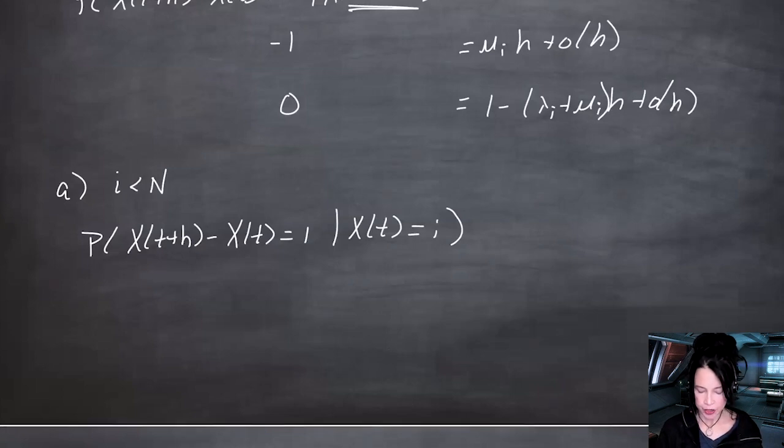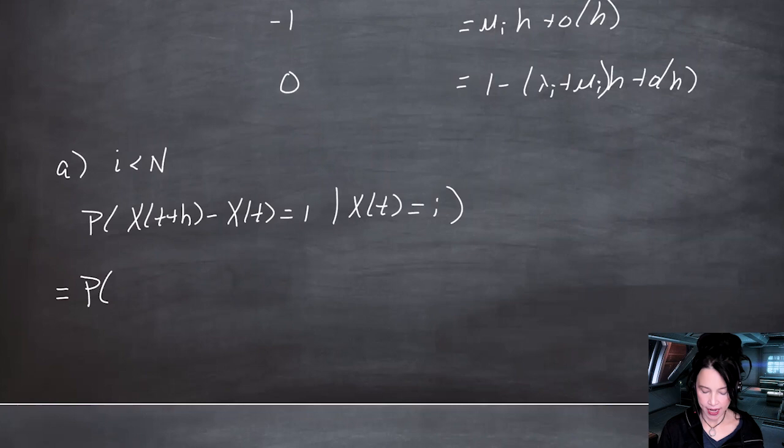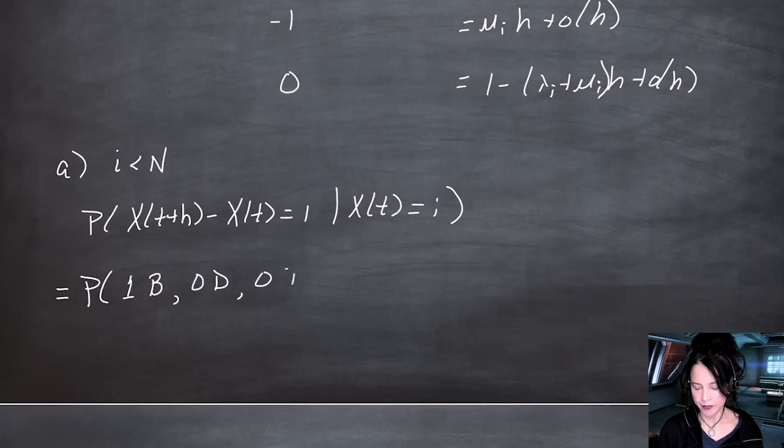So what could happen here is, I'm going to write this kind of, I hope this notation will make sense. To increase the population size by 1 in this interval of length h, we need 1 birth and 0 deaths and 0 immigration. And this is all conditioned on the current population size being I, but I'm not going to write it because this line will get kind of long.